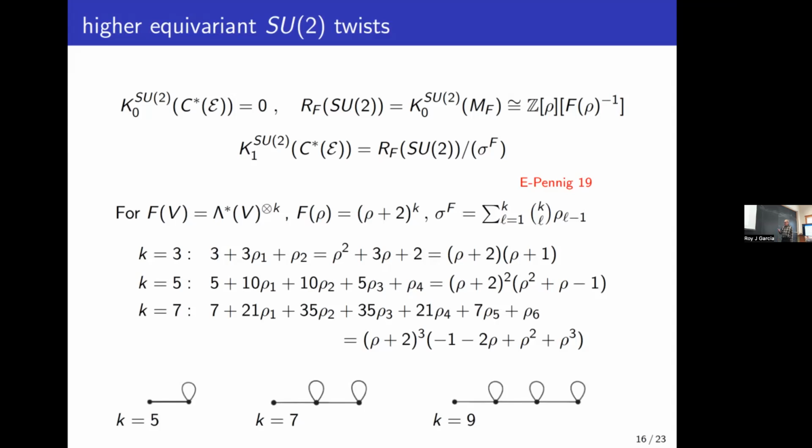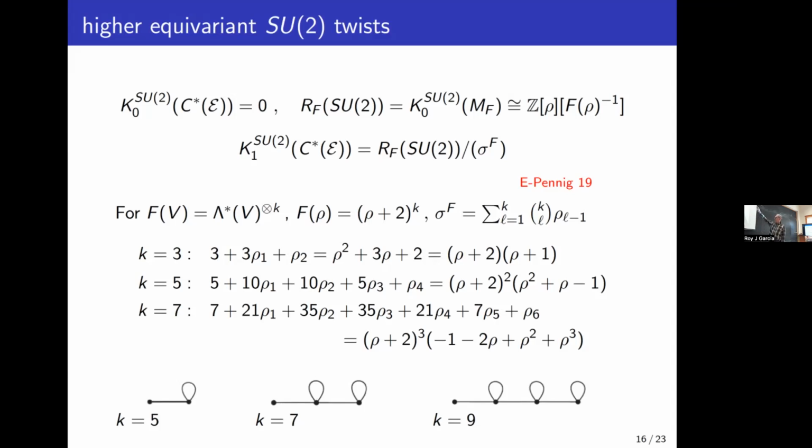Now, there's a couple of simplifications in this case. When K is odd, you can show that localization is not necessary, because the ideal you're generating helps kill the localization.